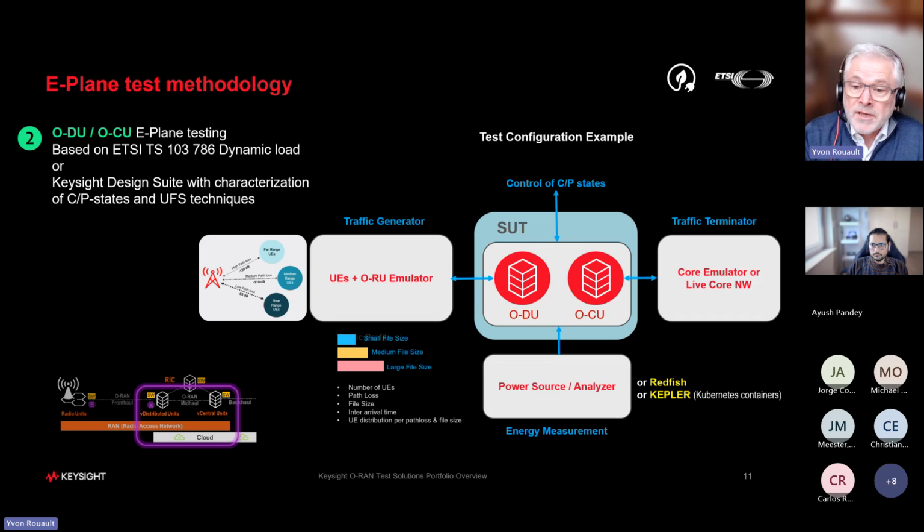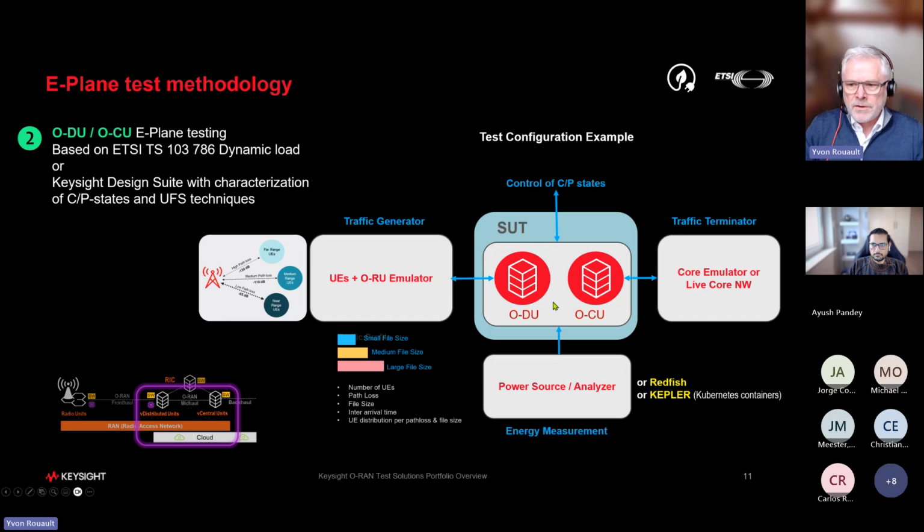But it can also run in the cloud, and that already exists in real life. If you go to Dish in the US, they implemented some of their software functions, DU and CU, in the cloud. I think it's Amazon cloud, not 100% sure. Basically, you have the software running in some kind of computing.